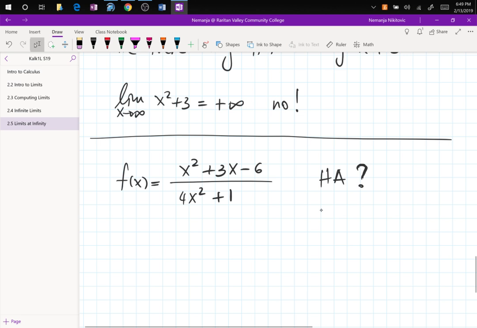Now, you remember those three rules from pre-calc for horizontal asymptotes? Something with exponents. Oh yeah, you divide the x squared by the 4x squared, so you get 1 over 4. So that would be the asymptote, yeah?